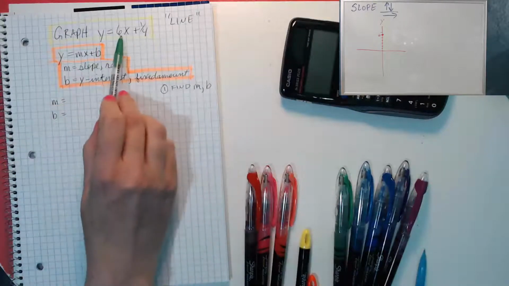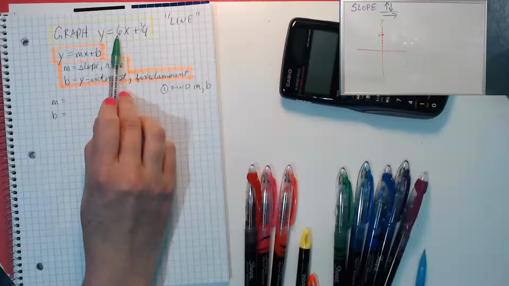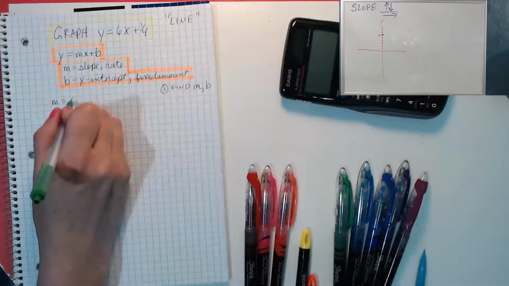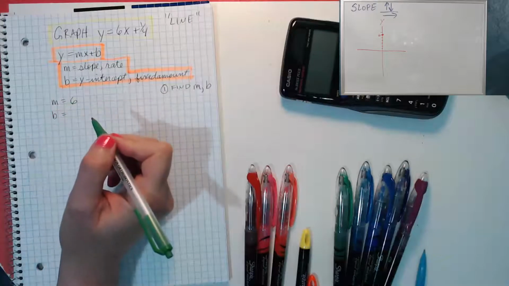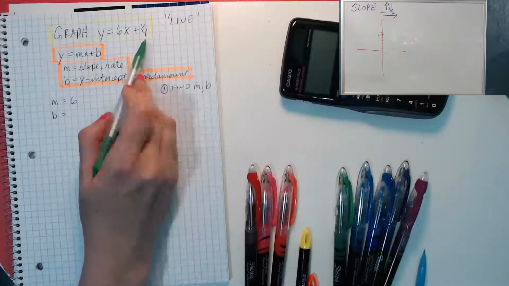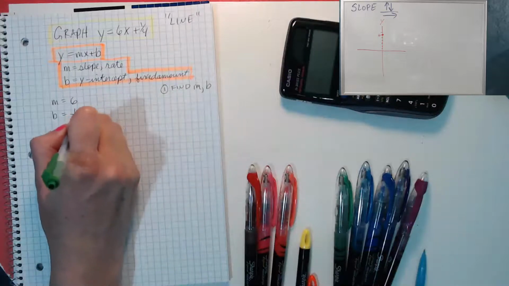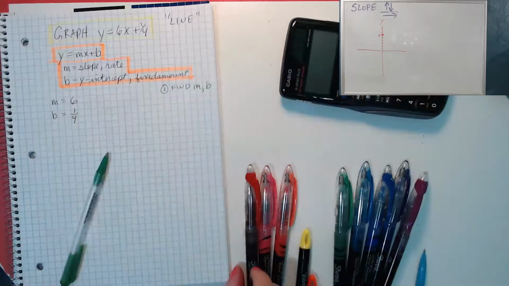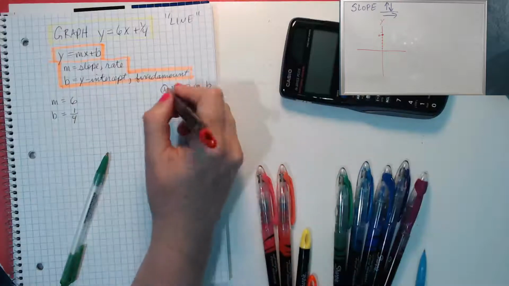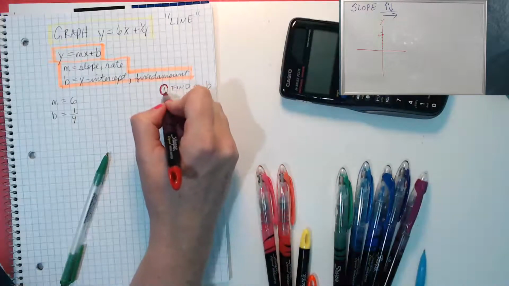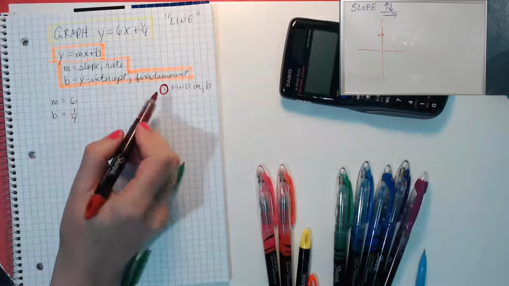Our M is going to be right here, 6. And what is our B? 1/4. Okay, so let's take a color. We'll just start over here. We'll make this red, doesn't really matter, but find M and B.